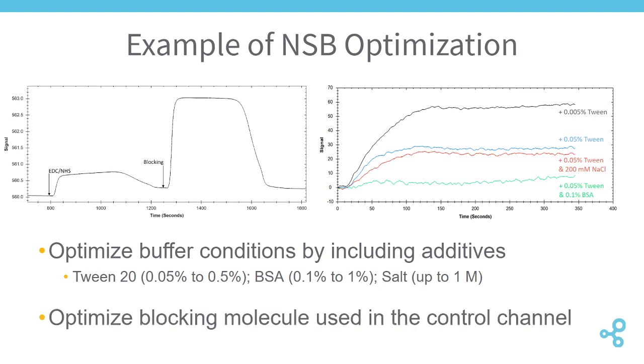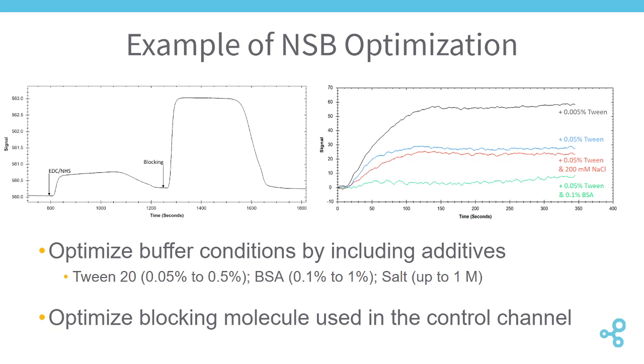Another thing that we'll find from these experiments, as we mentioned earlier, is that we might have to optimize the blocking molecule that we've used in the control channel. In this experiment, we used just our simple blocking solution, ethanolamine. But we might find that we have to use a control protein or a blocking molecule that has a different charge. Say, in this case, our surface is still slightly negative.